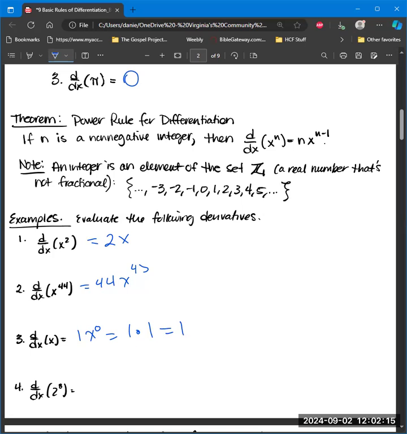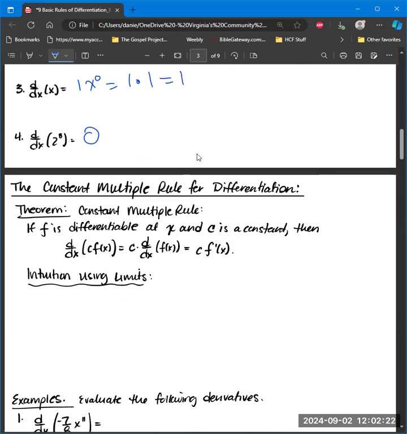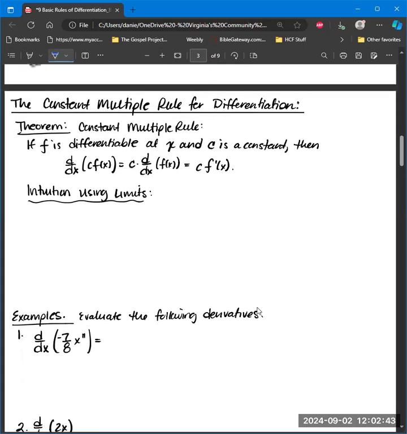This is just a good old constant right here, so that's going to be 0. Don't get fooled by that. Just because you see an exponent doesn't mean that it's the power rule. You need to see the variable raised to a power to have the power rule. If you want to know what 2 to the 8th is, it's 256. So there you go.